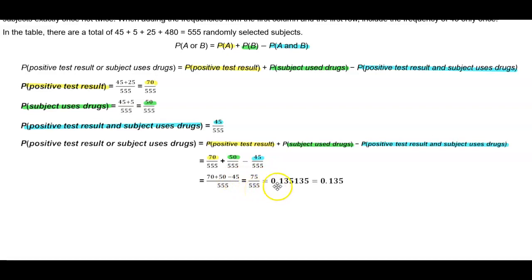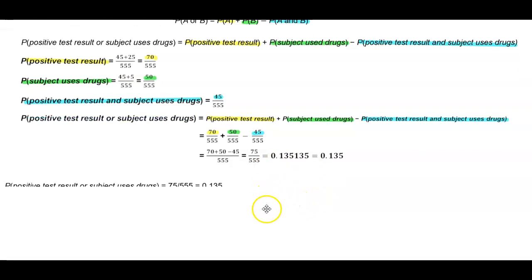That equals 0.135135, and rounding it to 3 decimals gives us 0.135. Now I want you to notice that we added 45 in both of the first two probabilities. We can't count that twice, so that's why we're subtracting it in the formula. We're subtracting one of the 45s to get the probability.